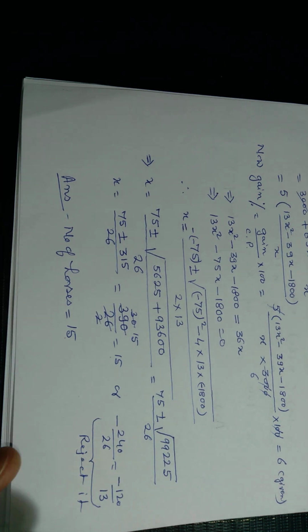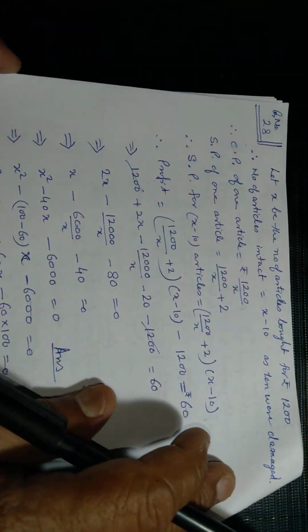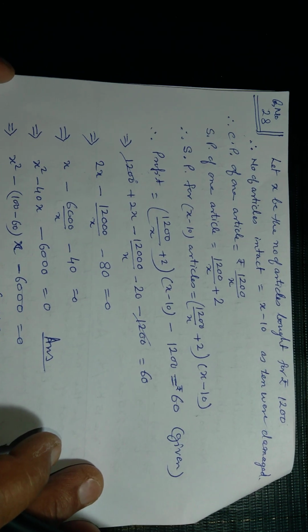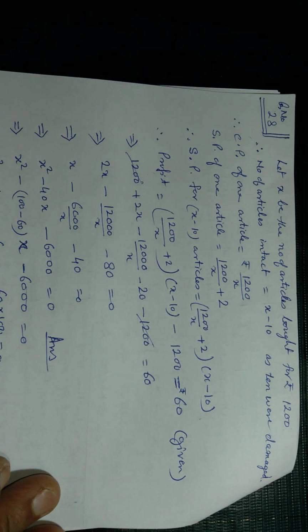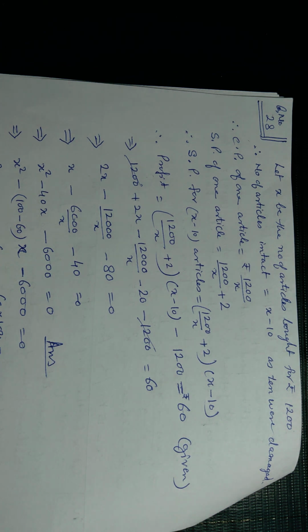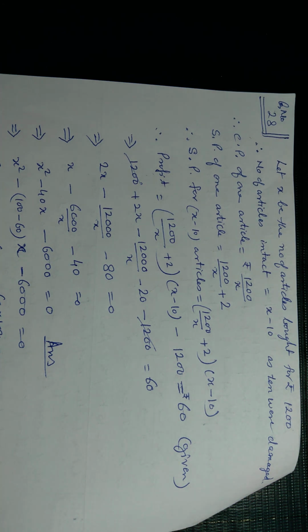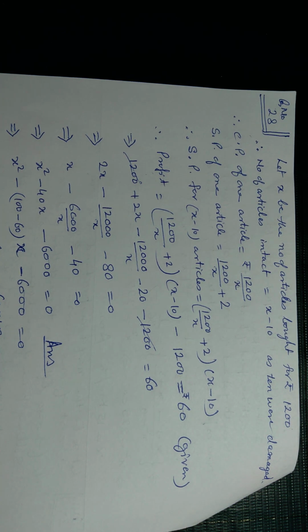Now let us go to question number 28 of this exercise, which is the last question. Question number 28 states that a trader bought a number of articles for rupees 1,200. 10 were damaged and he sold each of the rest at rupees 2 more than what he paid for it, thus getting a profit of rupees 60 on the whole transaction.